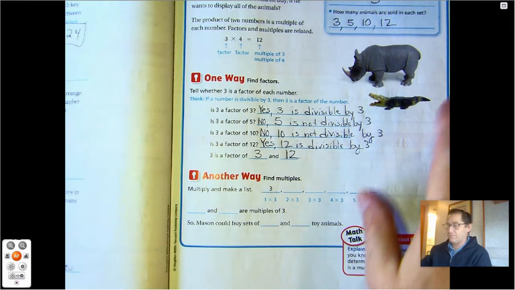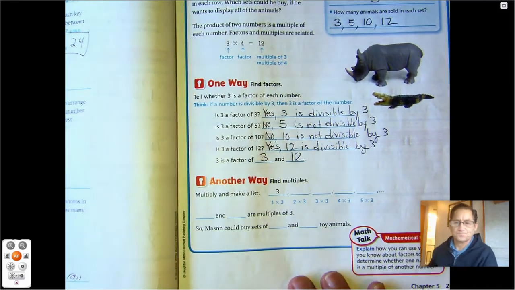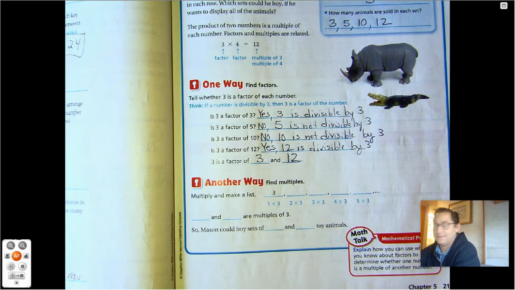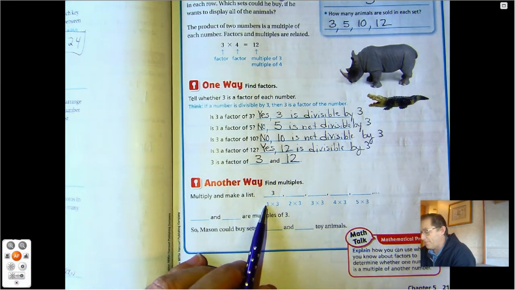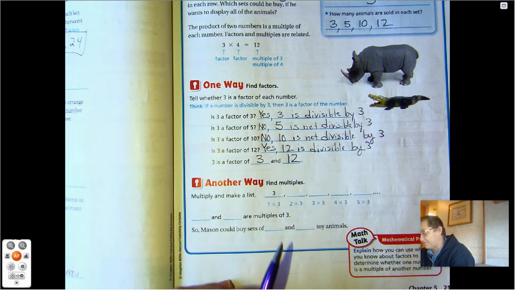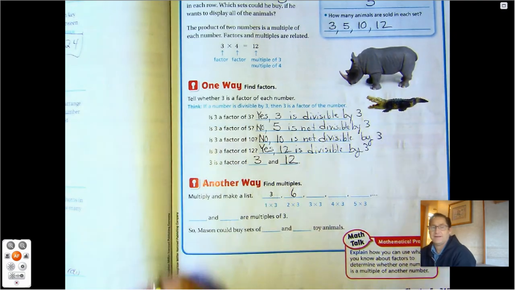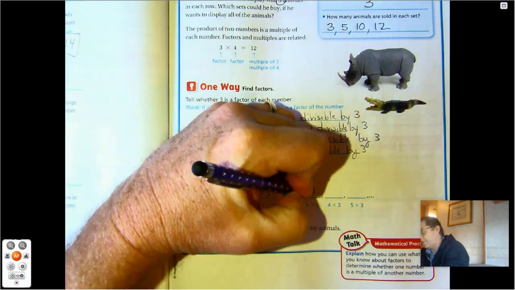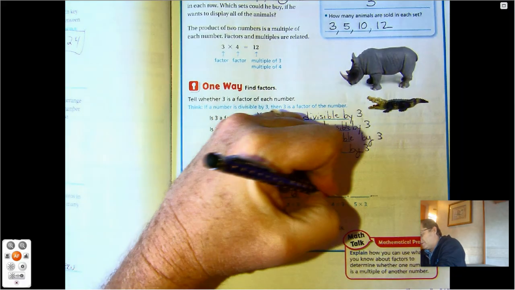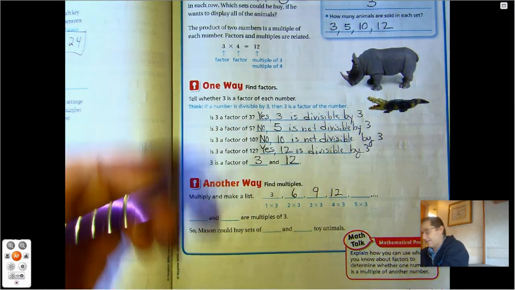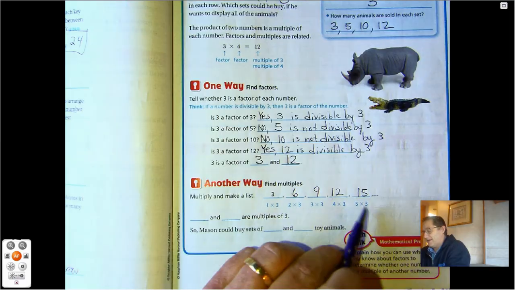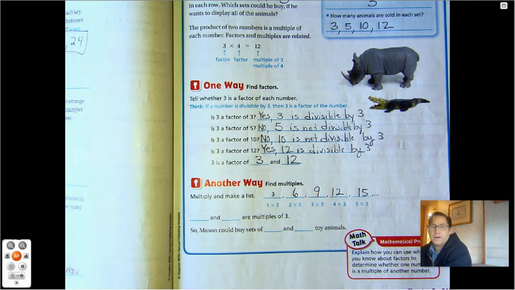Another way we can find multiples is by multiplying and making a list. If I have 1 three, I have 3. If I have 2 threes, I have 6. 3 threes, we have 9. 4 threes, 12. 5 threes, 15. And the ellipsis means and on and on and on.